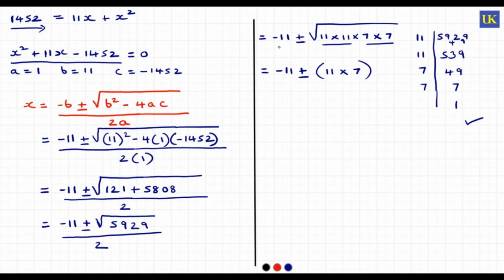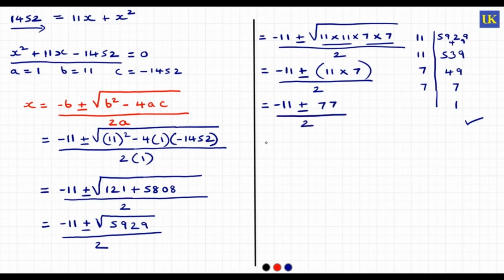And one more thing, we also have to write the denominator 2 which is there. Now minus 11 plus or minus 11 into 7 is 77 upon 2. All right, so we'll solve this.